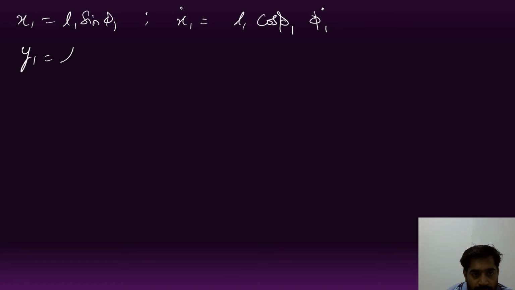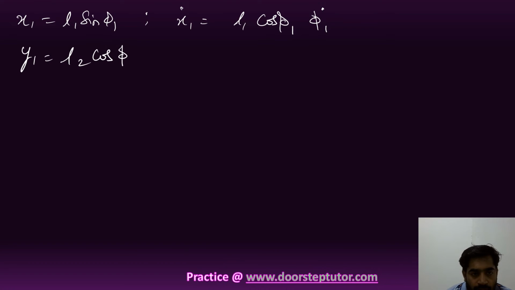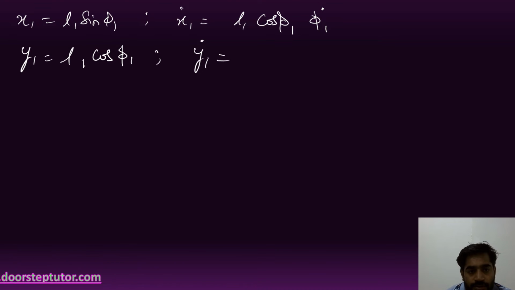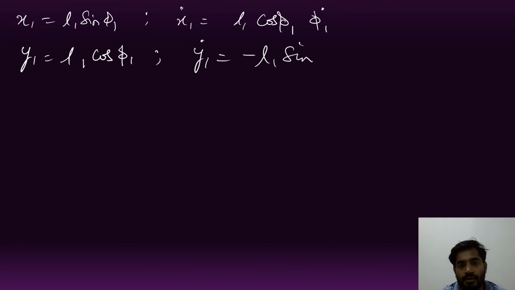Similarly, y1 was L1 cos phi1, so y1 dot is minus L1 sin phi1 times phi1 dot.